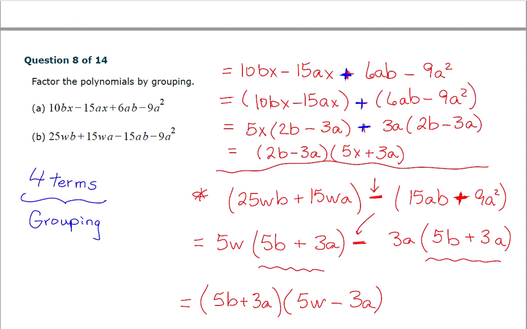I then look to see for each pair, is there anything in common? Well, certainly a 5. No B's, no A's, but there is this one X I could take out. And what's left would be 2B minus 3A.